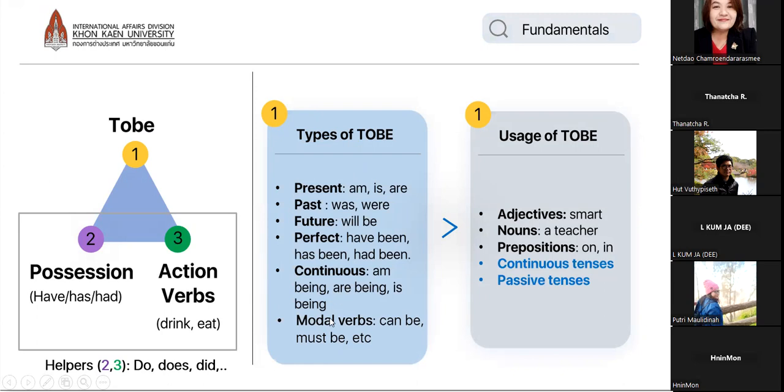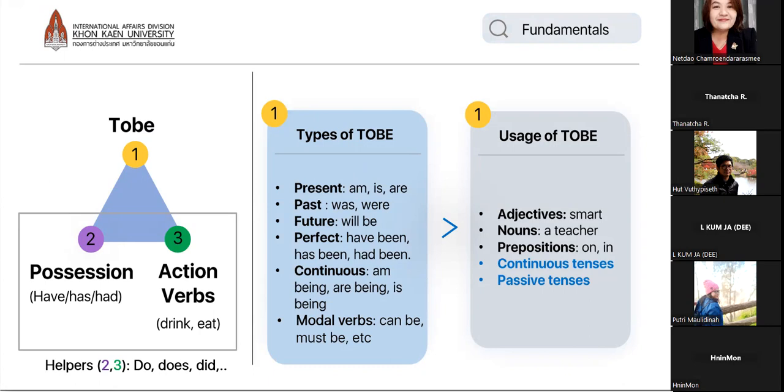After you understand the types of "to be," you need to understand the way you use it. For example, "I'm diligent," we use it with an adjective. "I'm hardworking." In the past, "I was diligent, I was hardworking." In the future, "Hopefully I will be more hardworking."